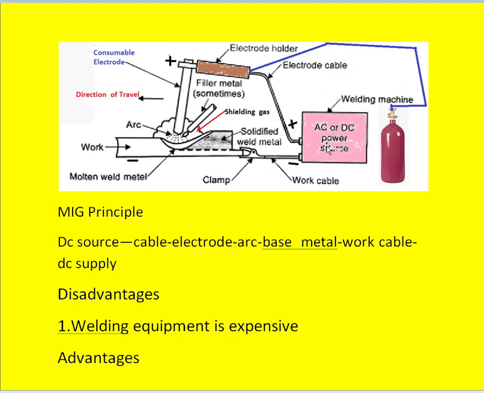When the DC supply is switched on, the current enters the electrode via this cable and then comes here. Because the electrode is near the base metal, an arc is formed. To form this arc, a 70 volt supply is enough. Once the arc is formed, the voltage required to maintain this arc is only 20 volts, and that arc carries high current.